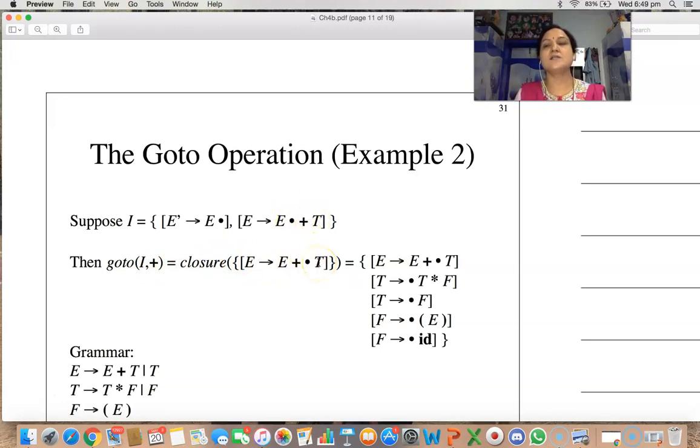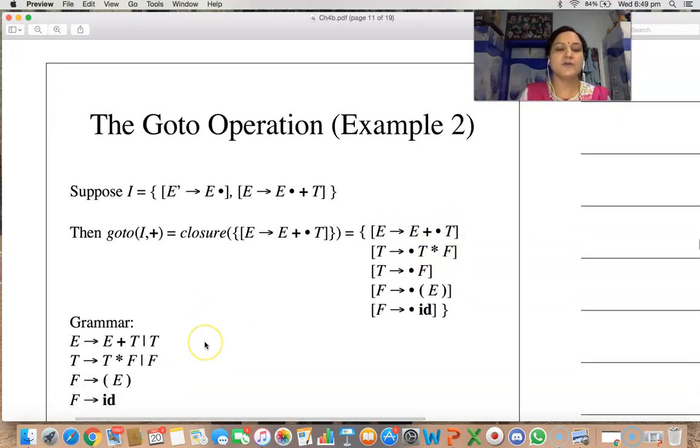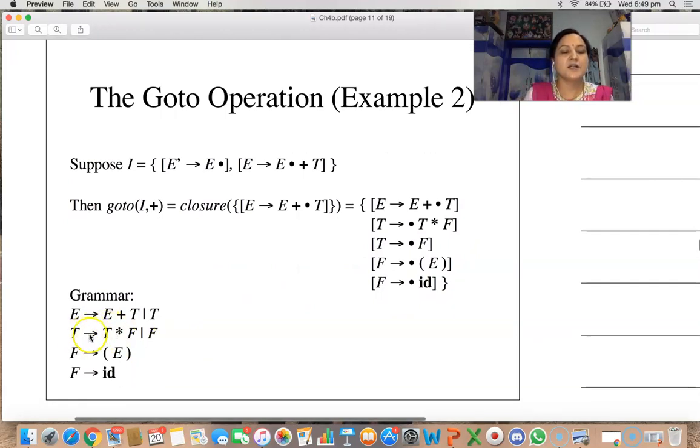So goto(I, plus) is equal to closure of E tends to E plus dot T. Now as I told just now, after the dot, if a non-terminal is there in the closure, we have to take its productions also. So we add T tends to dot T into F, then T tends to dot F. Now here again F is a non-terminal after the dot, so we add its productions: F tends to dot opening bracket E closing bracket, and F tends to dot ID.